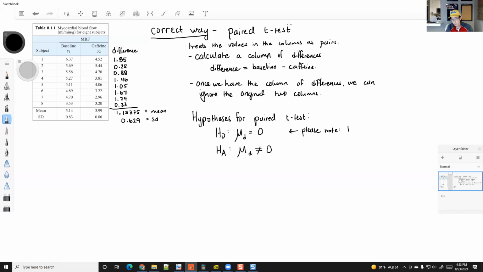Okay, there is only one parameter, right? Only one parameter, mu d, the mean difference. It is incorrect to use mu1 and mu2.